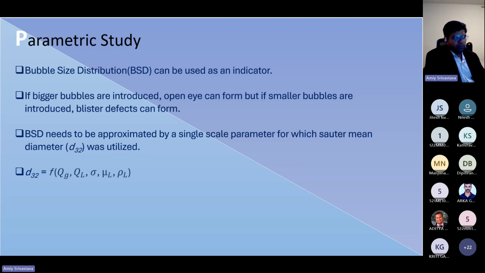One more term was there. I have found in some research that people have introduced the density of the gas as well, like rho g. But I did not include that because I could not add any more gases during my experiments. I added only one gas, so that is the limitation of my model.